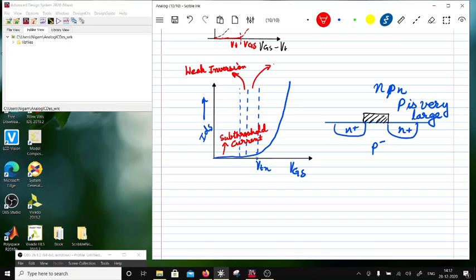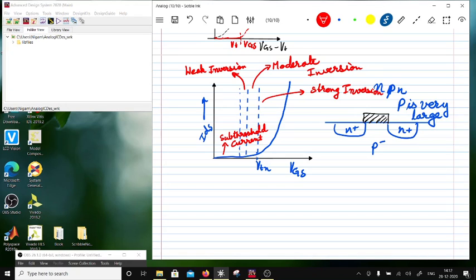The other one will be moderate inversion. And yet another, once you have crossed this, is a strong inversion. Okay. So usually we operate these devices under strong inversion.